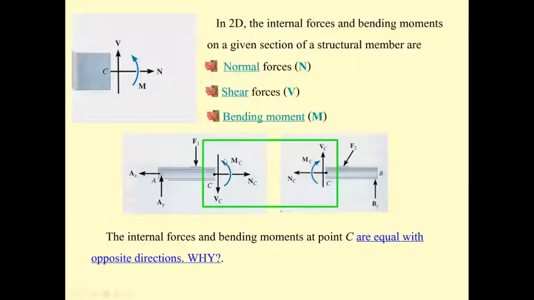If we compute and get a negative value of N, then that N is going to be compression. If we have a negative V sub C, the shear is upward. And if we have a negative M sub C, the moment is going to be clockwise. Okay, that is the sign convention that we will use in this study.